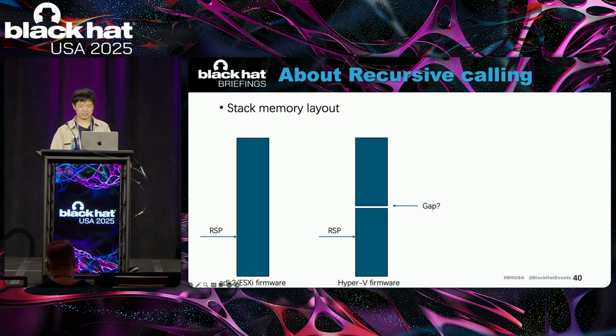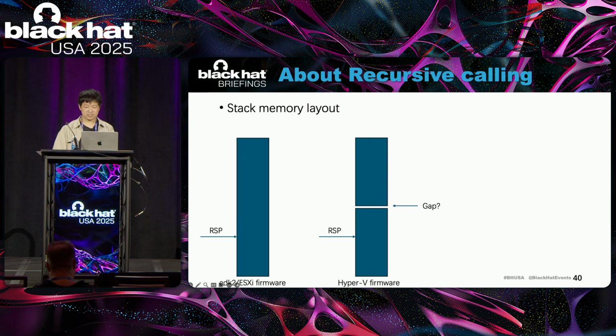You should be aware of EDK2 UEFI stack memory layout before you get into exploiting stack overflows in bootloader. In the standard EDK2 memory model, the writable memory before the UEFI stack is twice the size as that in Hyper-V. In Hyper-V firmware, although it shares the same stack size as that in UEFI standard, there appears to be a gap that is not writable before the stack memory region.